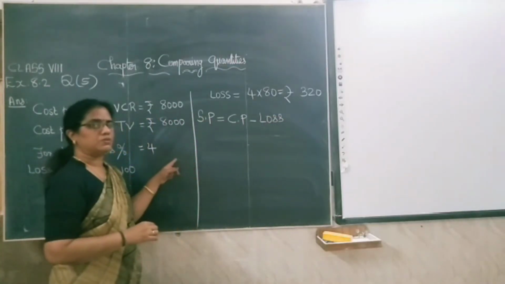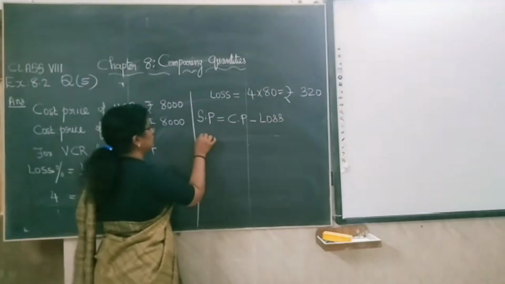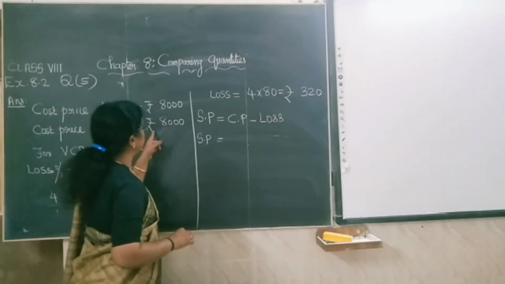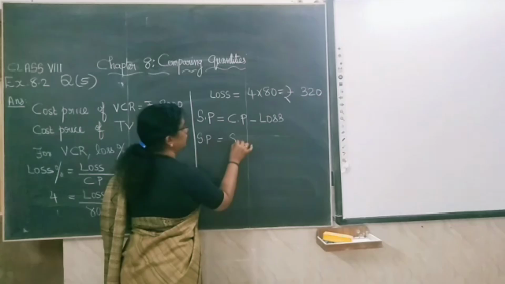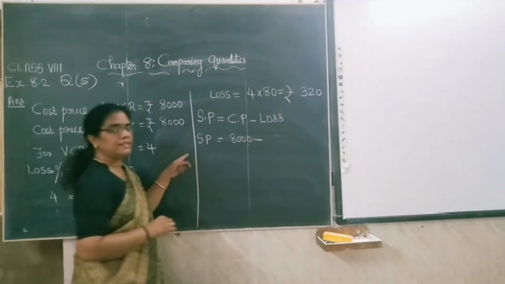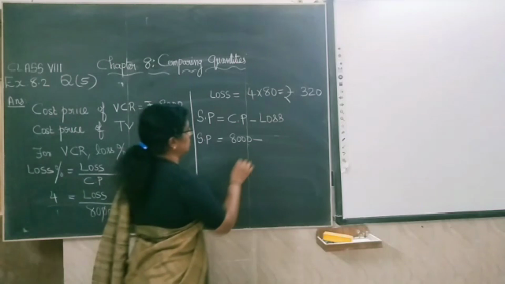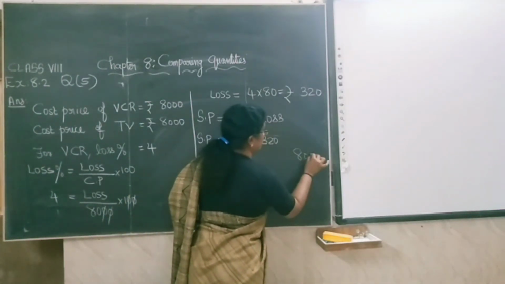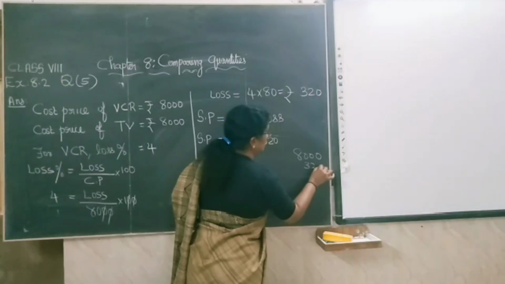Now SP equal to CP is 8,000, therefore 8,000 minus 320, that is the loss.